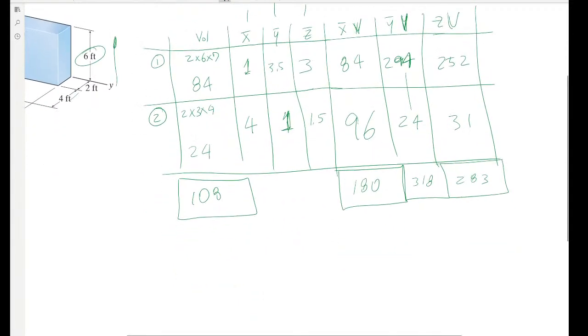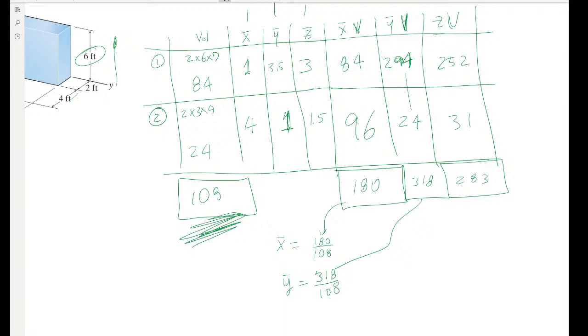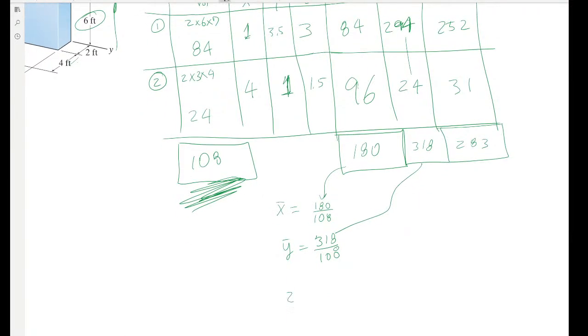Now, all I need to do is X bar is equal to this one over the total volume. Y bar is equal to this one over the total volume. Total volume being this one. And then Z bar is 283 over 108.